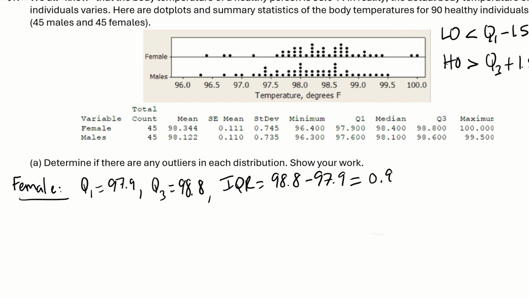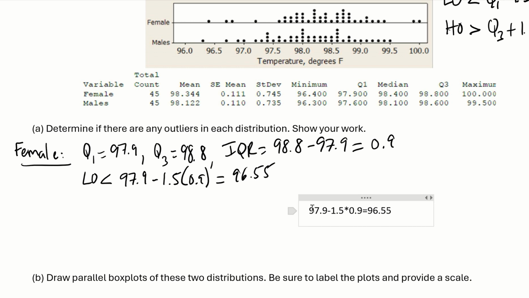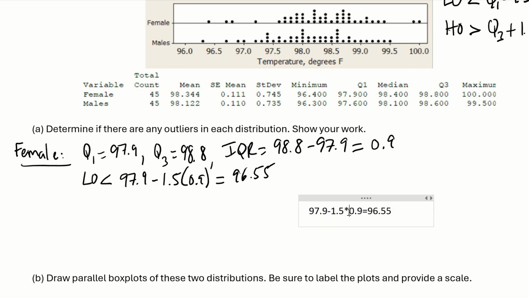And then we're going to find the low and high outliers. The low outlier is less than the first quartile minus 1.5 times the IQR, which gives 96.55.